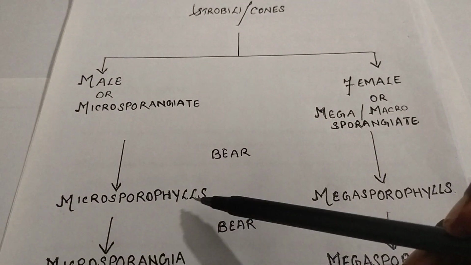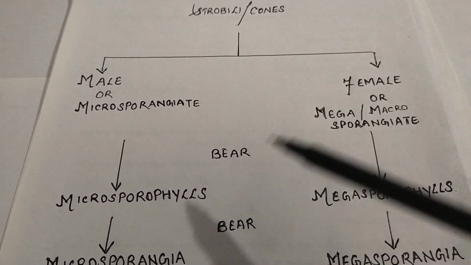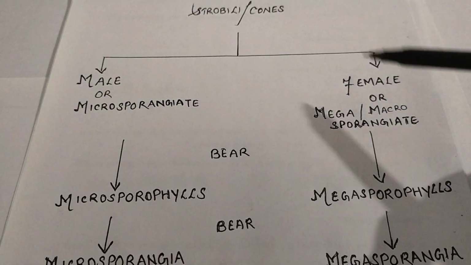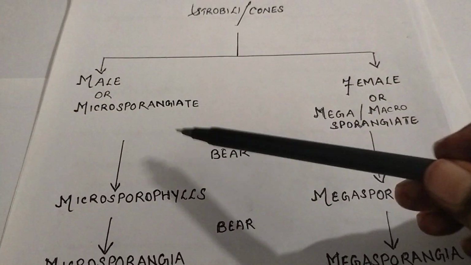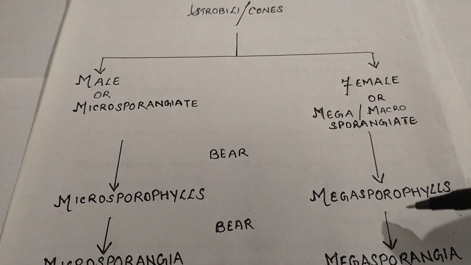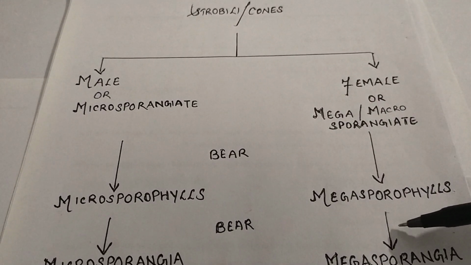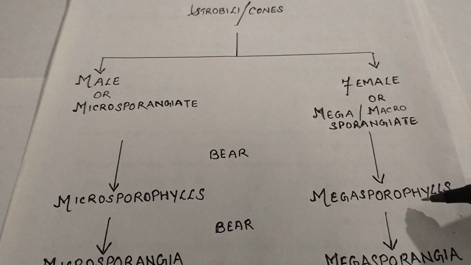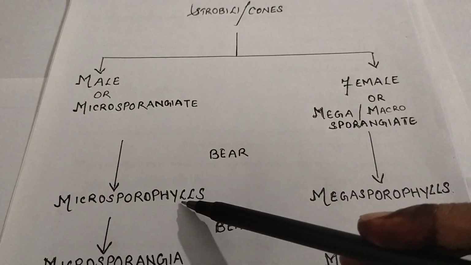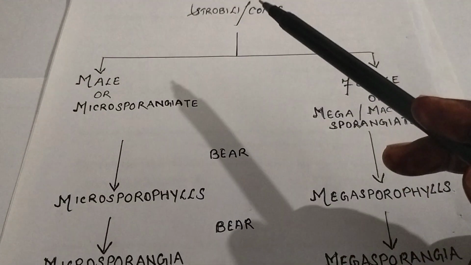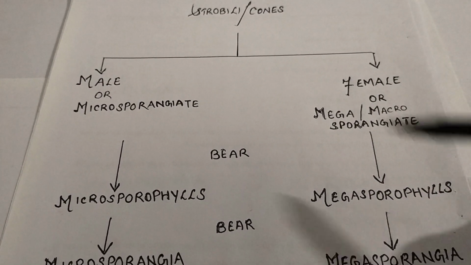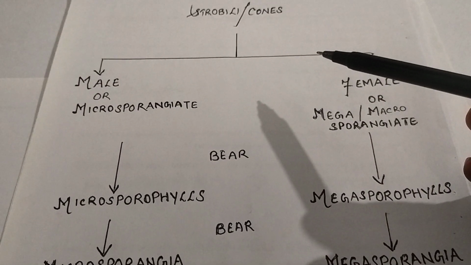Alright, megasporophylls and microsporophylls. Strobili and cones are of two types, micro and macro, male and female. Microsporangiate will have microsporophyll and megasporangiate will have what? Megasporophyll. Means microsporophylls are formed on the male cone and megasporophylls will be formed on the female cone.